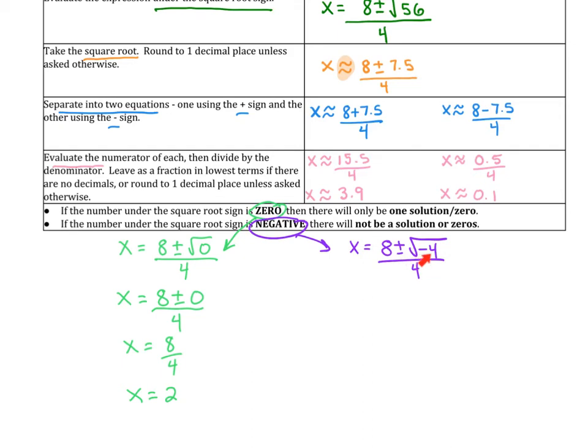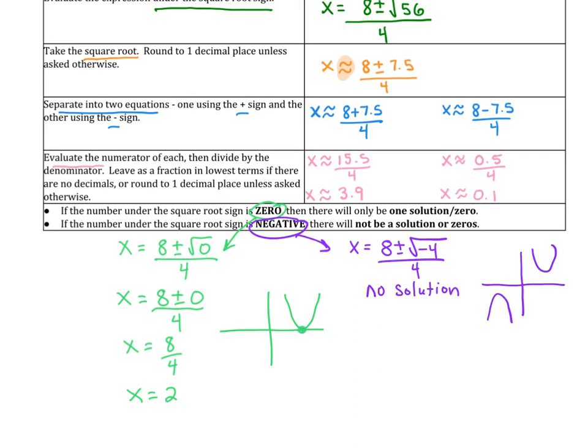So if you cannot take the square root of a negative number, you cannot calculate this, which means there is no solution. In a case like this, it just means your parabola would look something like one of these, where it does not intersect the x-axis.